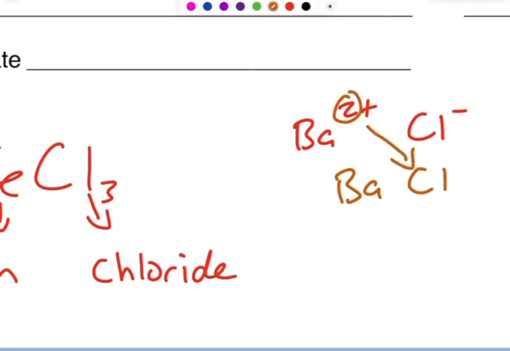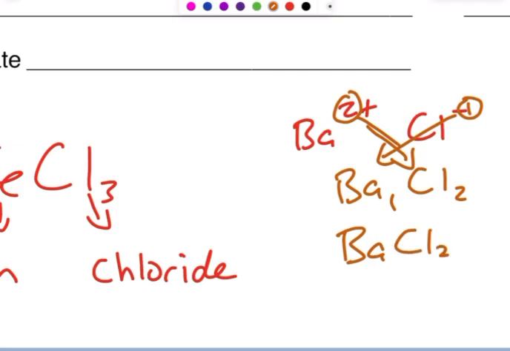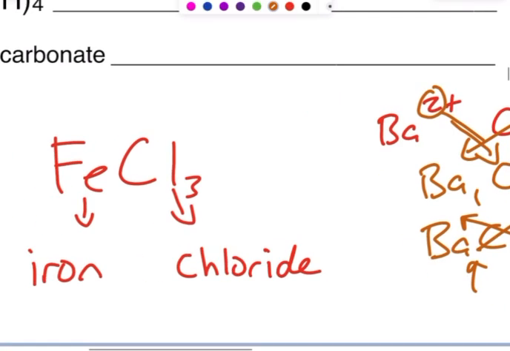Cross the charges. So this has 2, this has 1. My answer is BaCl2. Just like I crossed the charges to get these subscripts, I can also uncross the subscripts to get the charges.